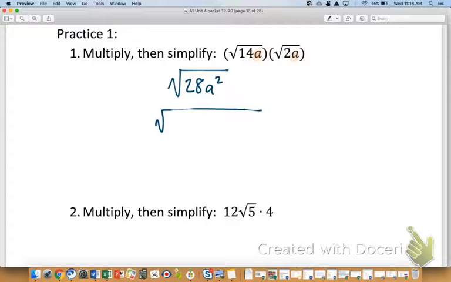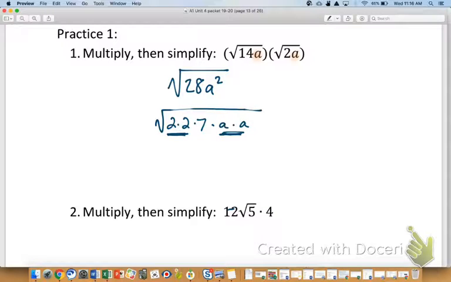Okay. So 28, can anybody break that down into its prime factors? 4 times 7. But 4 is not prime. 2 times 2 times 7. Yep, 2 times 2 times 7, that's 28. And a squared is a times a. So this takes us back to the old square root simplifying that we've been doing last week and this week. I've got two 2's and I've got two a's.